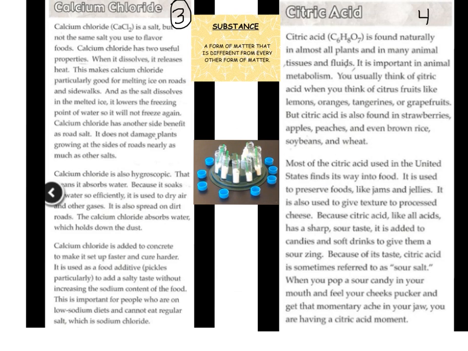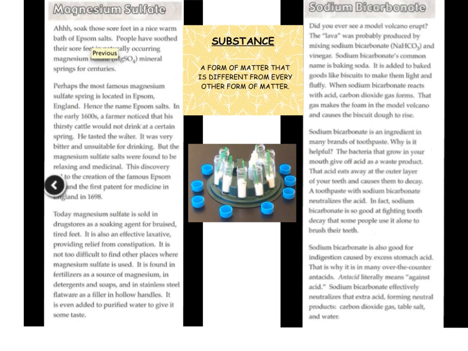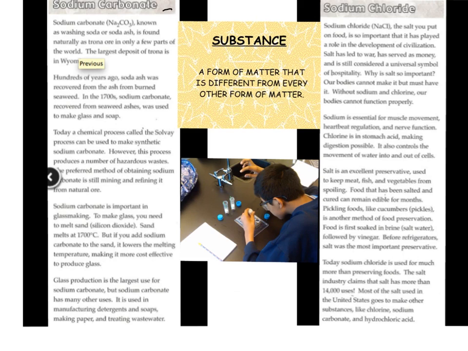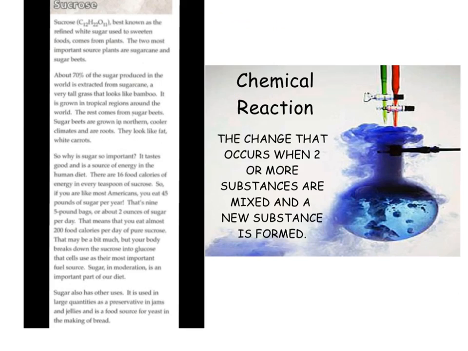Here's number 4. 5 is magnesium sulfate. 6 is sodium bicarbonate, and you'll need to pause the video at any time to be able to read about the uses. 7 is sodium carbonate. 8 is sodium chloride. And the last one, 9, is sucrose.